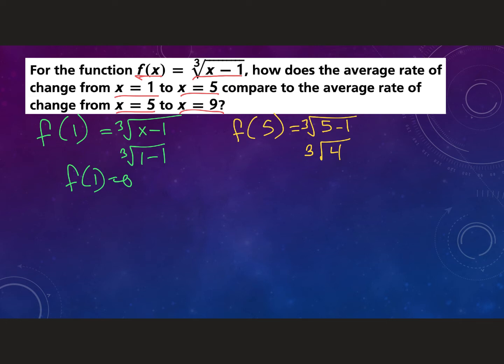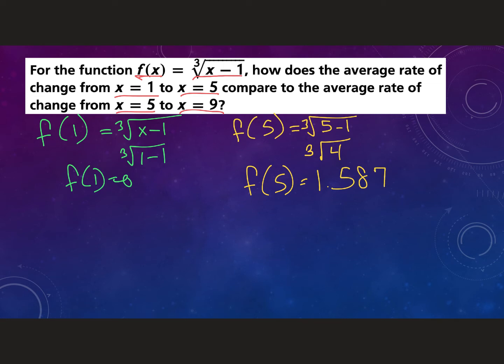Rounding to 3 decimal places, I have 1.587.